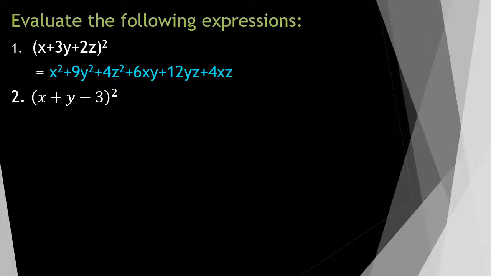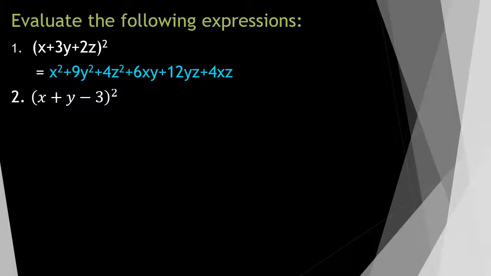Quantity x plus y minus 3, quantity squared. Again, the formula for the square of a trinomial is simply, in the first step, square all the terms, starting with the first term, followed by the middle term, and the last term.